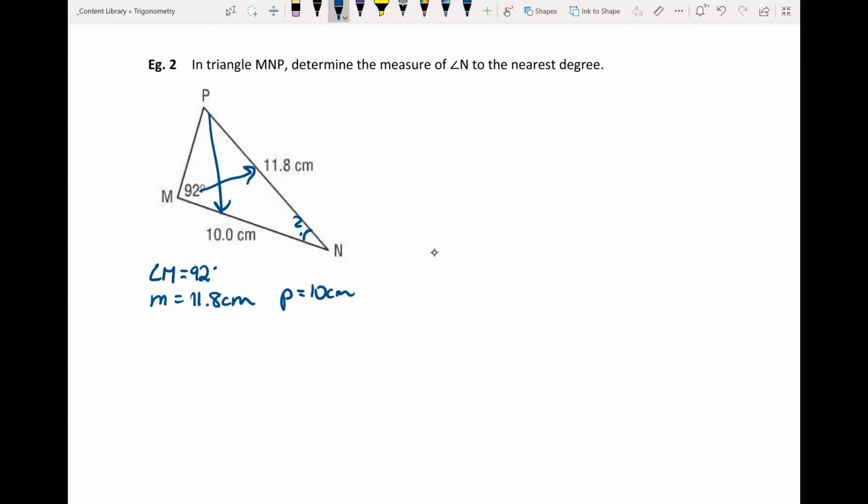The thing is, we want to find angle N, and in order to use the sine law right away, we would have to find some sort of information about N, or side N, which you don't know. With this information, all I can really find is angle P. So that's what we're going to do.